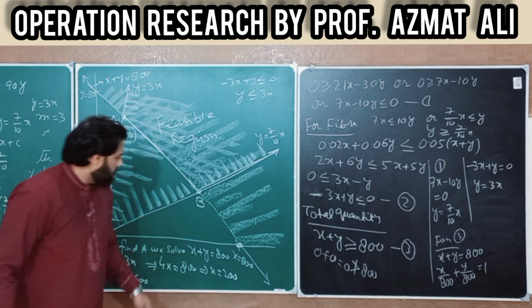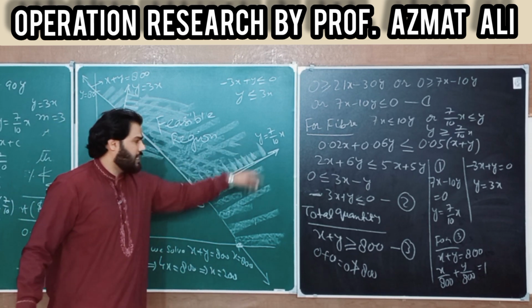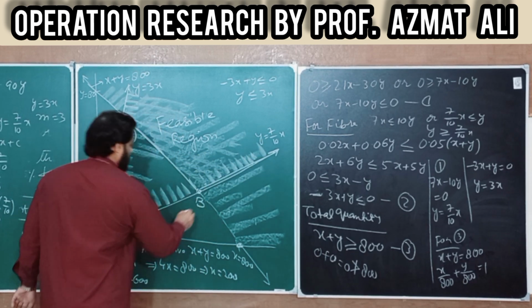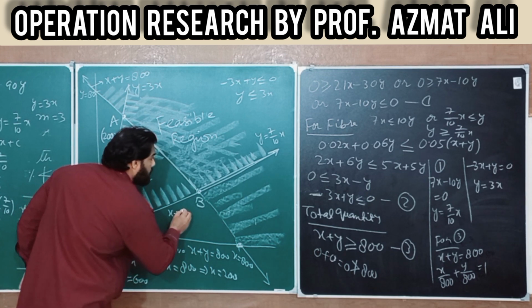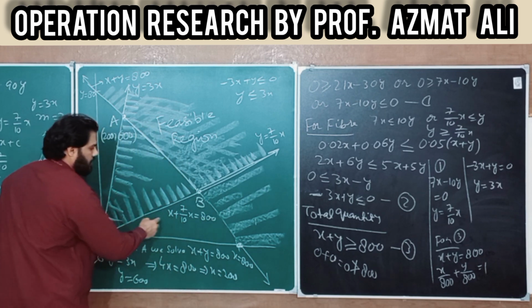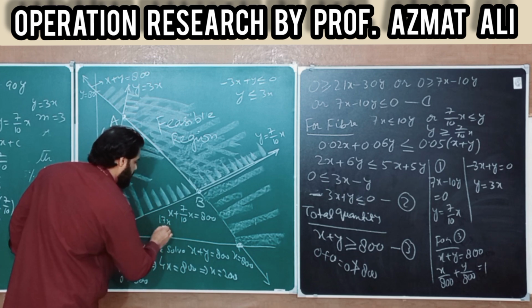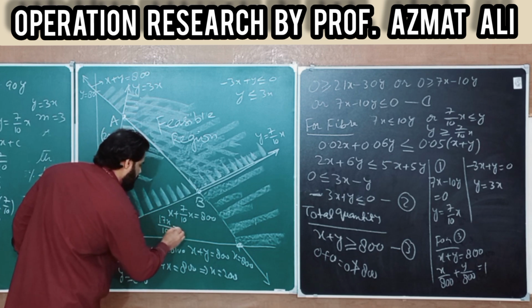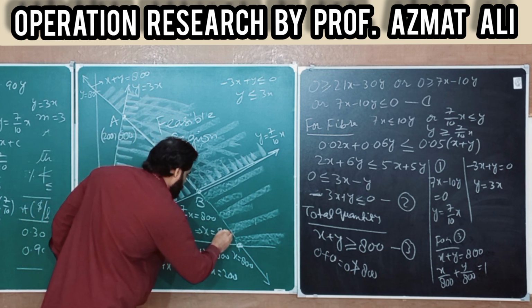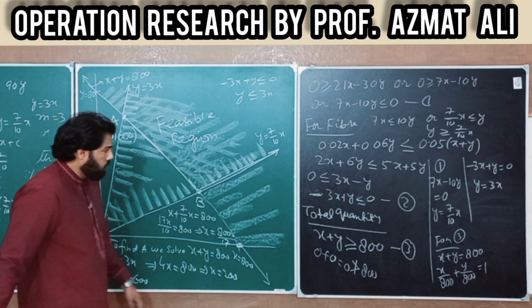The second one is B. B is the intersection of the line x plus y equal to 800 and y equal to 7 by 10x. By putting y equal to 7 by 10x here, we get x plus 7 by 10x equal to 800. This becomes 17x by 10 equal to 800, so x is equal to 8000 over 17.